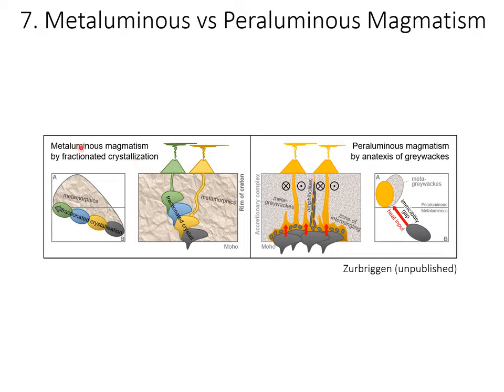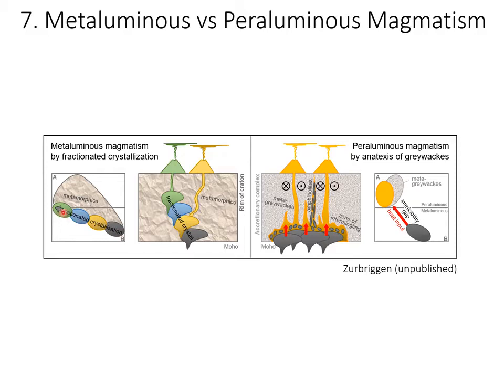What happens in the metaluminous magmatic arc is that you start with basaltic compositions, which come from the mantle. They hit the lowermost crust, and by fractional crystallization and also assimilation of host rock material, you develop intermediate and felsic compositions, which are typical for a metaluminous magmatic sequence.